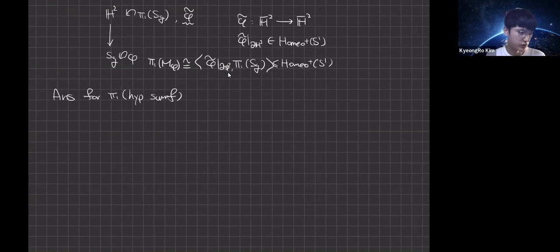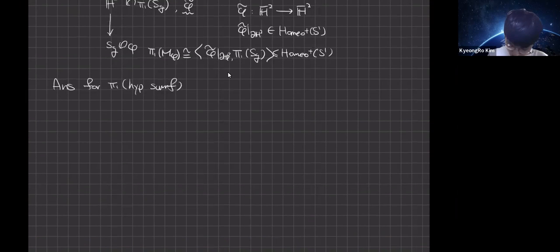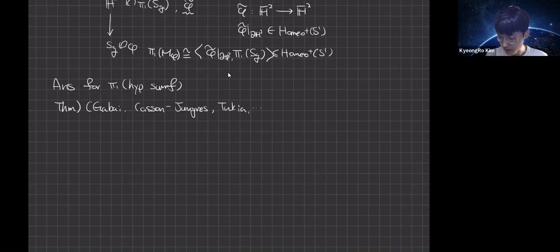We have the famous solution, which is the theorem called the convergence group theorem, and this theorem is proven by Gabai, Thurston, and Jungreis, and Tukia, and so on.